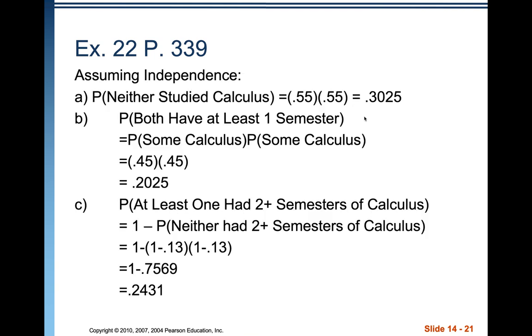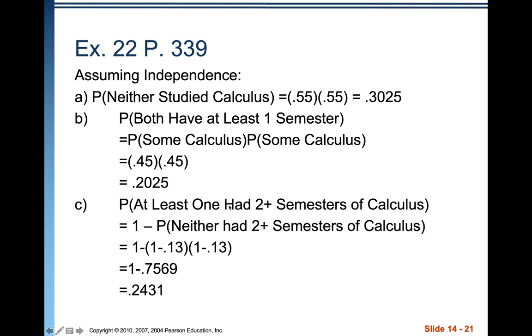Okay, so the probability that at least one had 2 or more semesters of calculus is 1 minus the probability that neither had 2 or more semesters of calculus, right? So at least one.